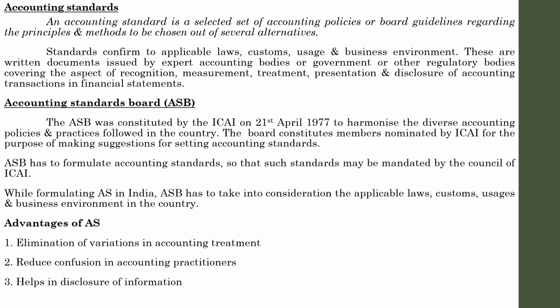Some information is not required by law to be published to external users, but accounting standards ensure that whatever information relating to the company should be made available to the public.